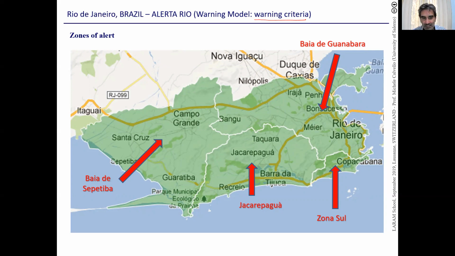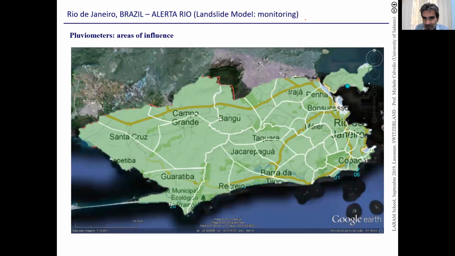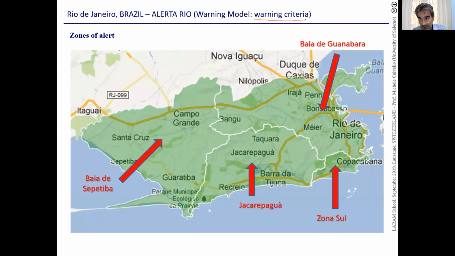So the entire city is divided in 33 areas that are areas of influence of the rain gauges, and the rain gauges will be the instruments that are essentially used to measure the rainfall that is falling, to monitor the rainfall. Yet they are not alerting based on those areas.